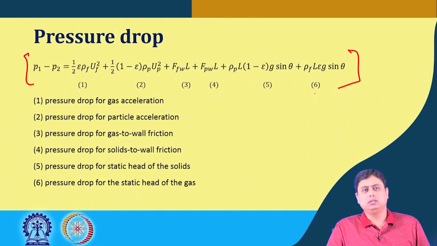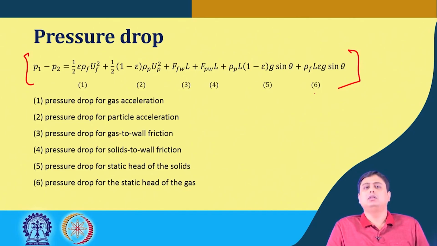Second term is the pressure drop due to particle acceleration. Third term, the pressure drop due to gas or the fluid and the wall interactions or the friction. Fourth term, pressure drop due to the particle wall friction.